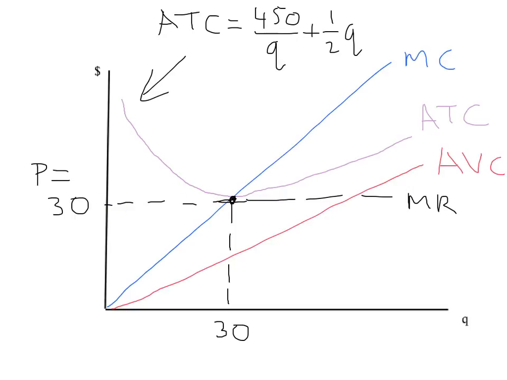It would make no profit and no loss. It would be making an operating profit because average variable cost is less than average total cost. But remember, the gap between average total cost and average variable cost is just average fixed cost, times quantity. So all of its operating profit is exactly equal to the fixed cost.